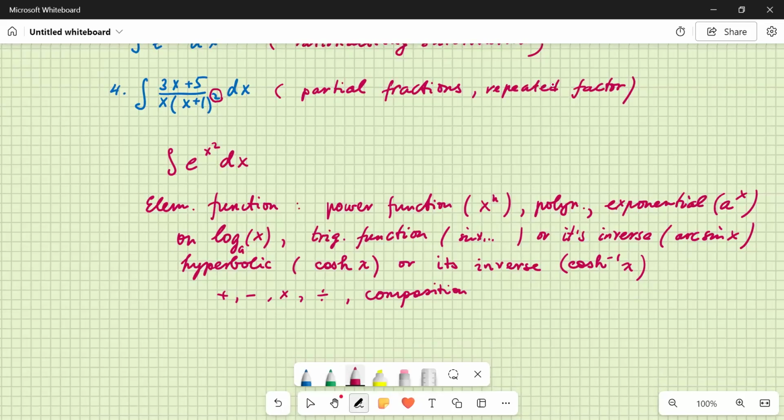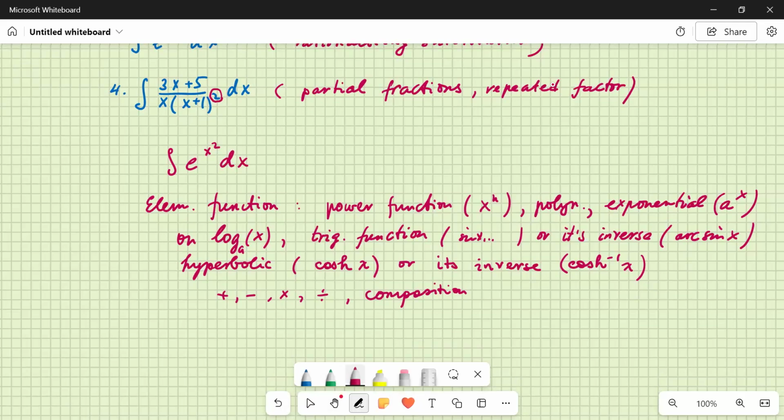So actually not all functions can be integrated and give us the answer as an elementary function. It does not mean that the integral does not exist, but we cannot express the integral as a formula. So there is no formula, for example, like e to the power of something multiplied by something and multiplied by something or divided by something.